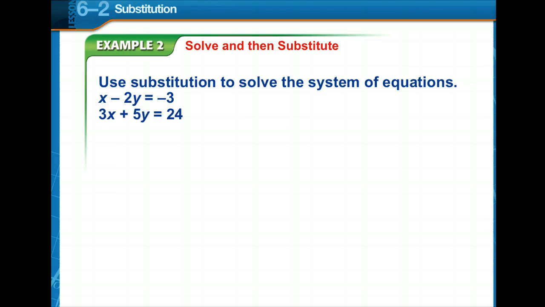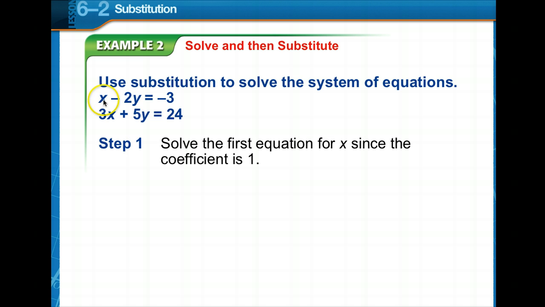Now, not always do we already have one of the equations solved for one variable. So as you notice, we have x minus 2y is equal to negative 3, and 3x plus 5y is equal to 24. So what we have to do is manipulate one of the equations so that we have a variable on one side by itself.